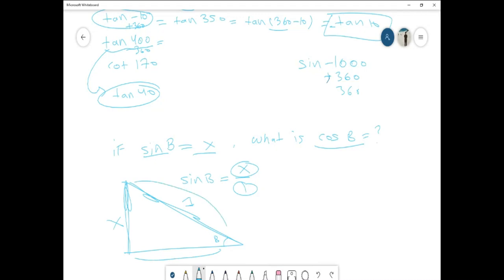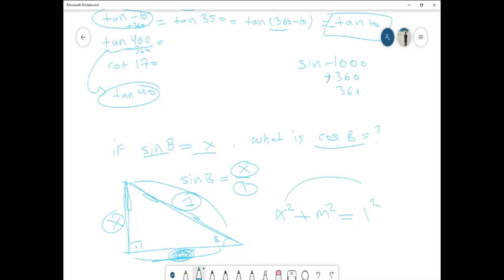Does it make any difference? No. So this is x and this is 1, because sine was opposite over hypotenuse. I need to find cosine beta, right? Cosine beta was this side divided by hypotenuse. But I don't have this side.